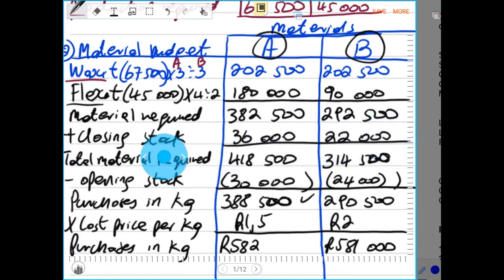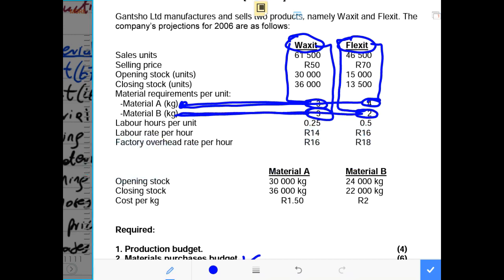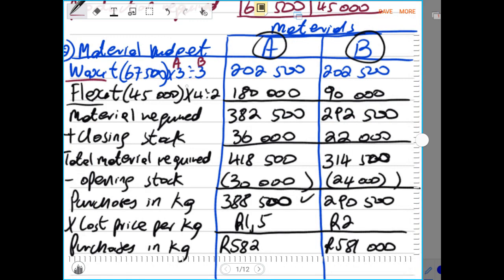Product Flexit requires 4 kgs of material A, and again requires 2 kgs of material B. So I can say A on top of the 4, and B on top of the 2.